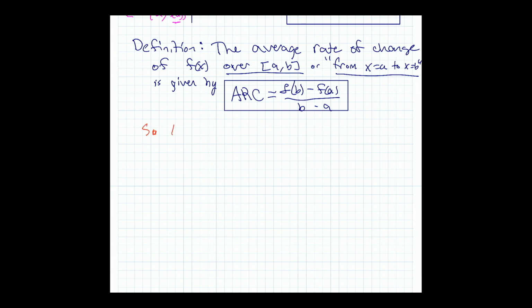So average rate of change from a to b, I'm not going to write x equals, I'm just going to say from a to b, is the same thing as the slope of the secant line.